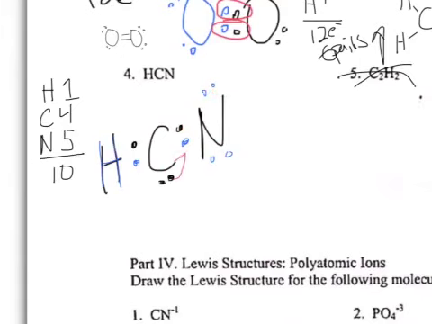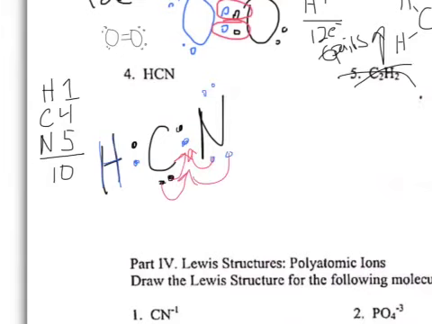If we were to bring in these 2 electrons to form a double bond, carbon would feel like it has 1, 2, 3, 4, 5, 6, and 7. And same with nitrogen, 1, 2, 3, 4, 5, 6, and 7. So it's not going to work, but we're getting closer.